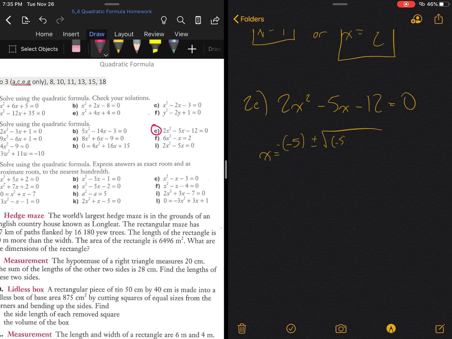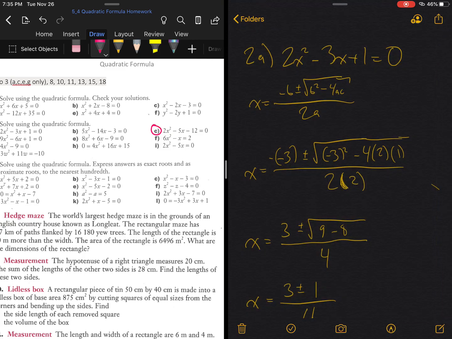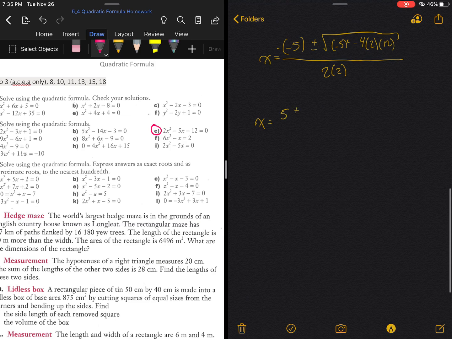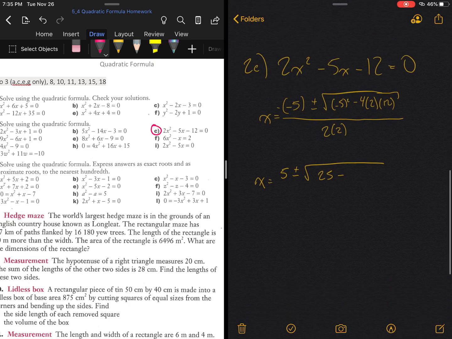Minus b plus or minus the square root of b squared minus 4ac, all over 2a. Well, minus minus 5, that's obviously plus 5, plus or minus the square root of 25.